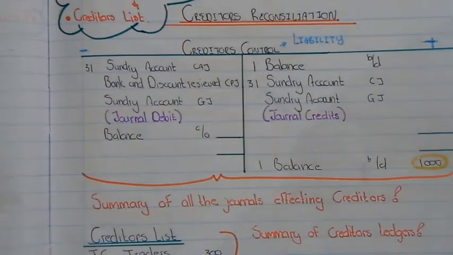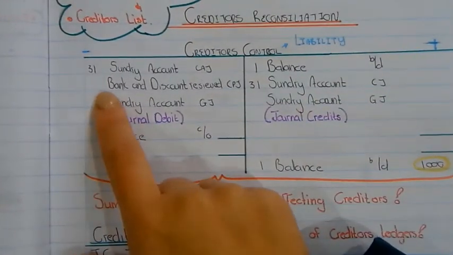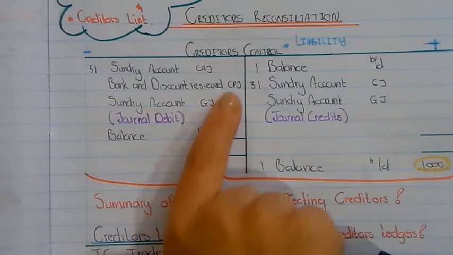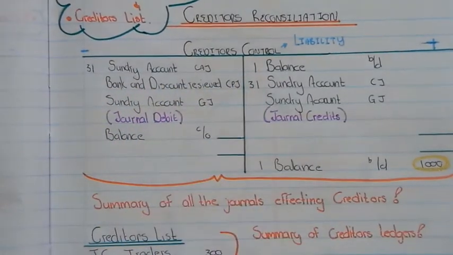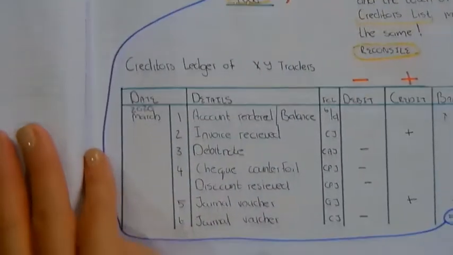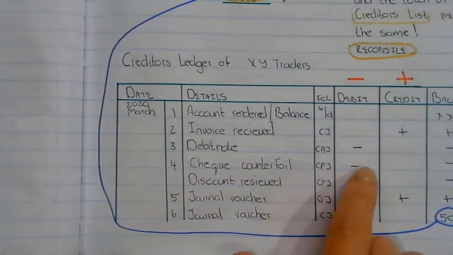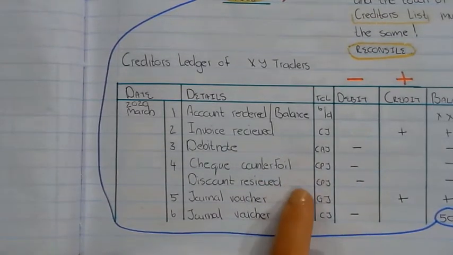When I pay the money I owe my creditor, it will be one entry for my bank and discount received in my CPJ. Remember, in the creditors control, it will be one entry, but when I do my creditors ledger, we will separate the two. We will have our cheque counterfoil for the money we paid, and our discount that we received would be shown separate.